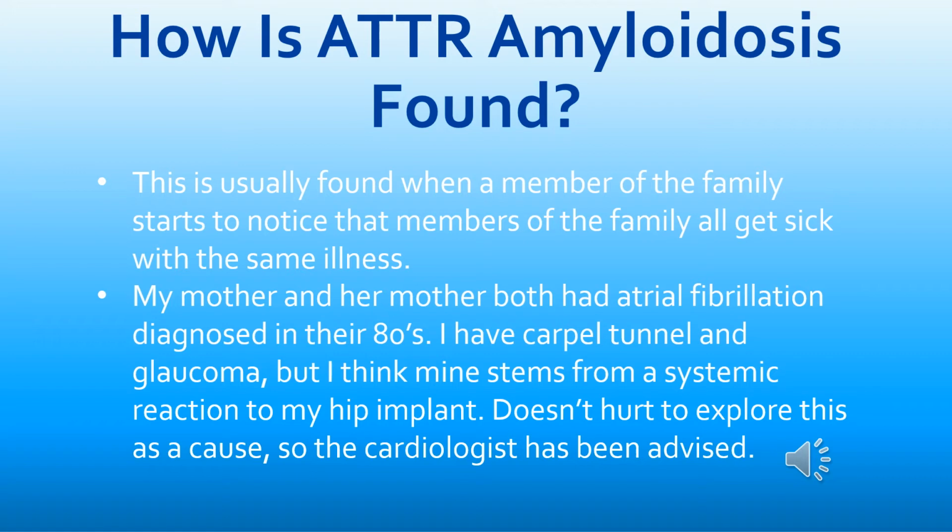Because for my mother's mother to have it, and now her to have it, both of them AFib, both of them heart failure, it's just very unusual for that kind of thing to happen unless it's being genetically driven somehow. And if I'm predisposed to that, I'd rather know now.